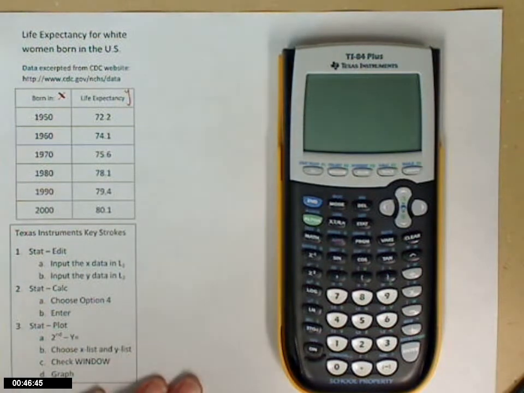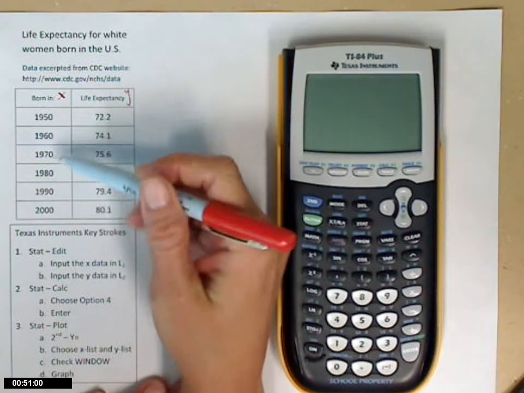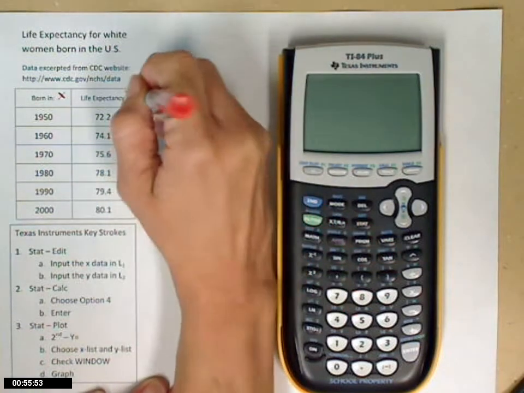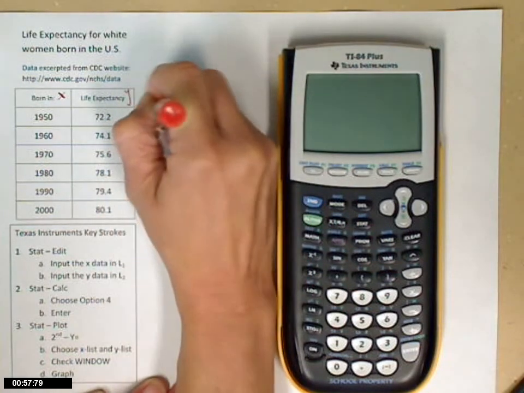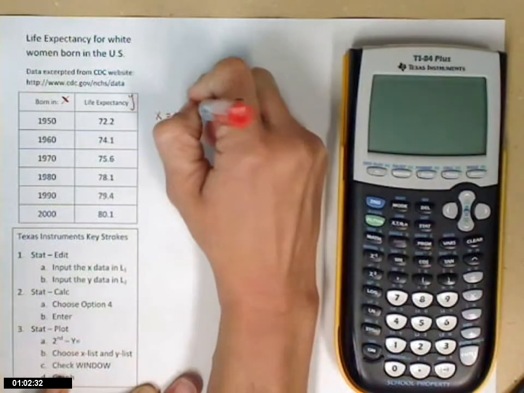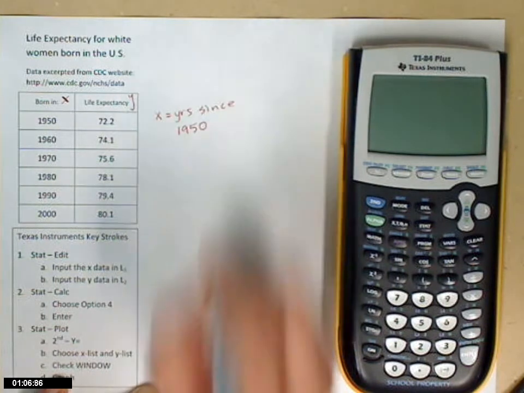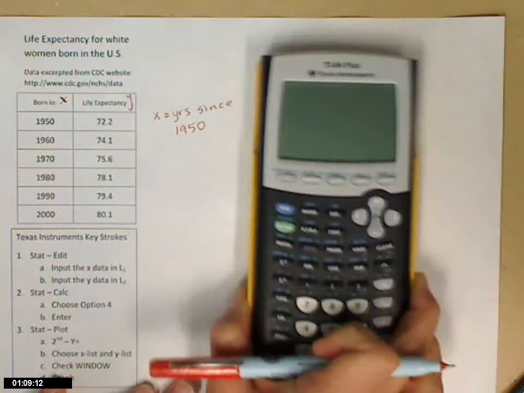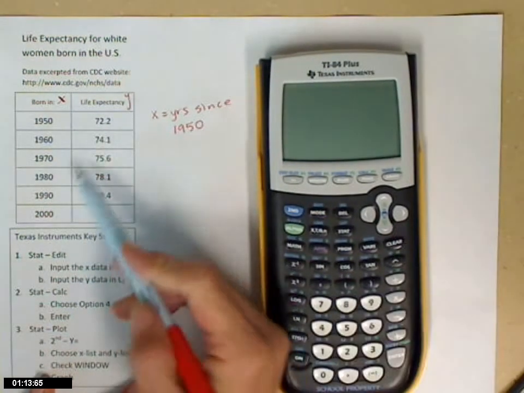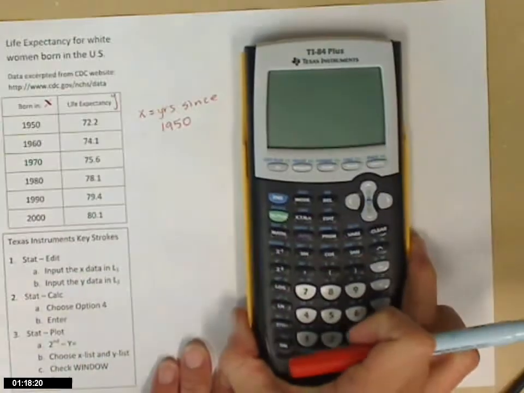One more thing we have to decide is, do we want to use these numbers, 1950, 1960, etc., or are we going to let X equal years since 1950? Sometimes you'll have that control, sometimes your textbook authors or instructors will have that control. If you don't mind working with the big numbers and you want to keep it like that, you can do that as well.